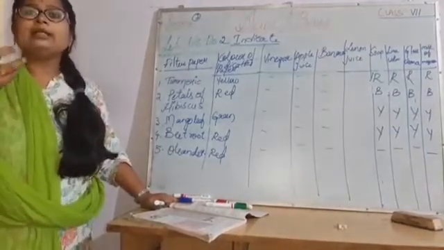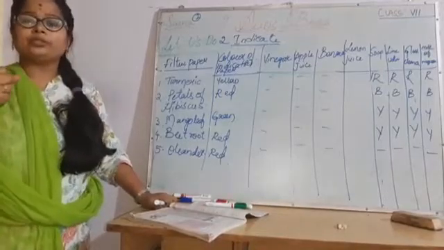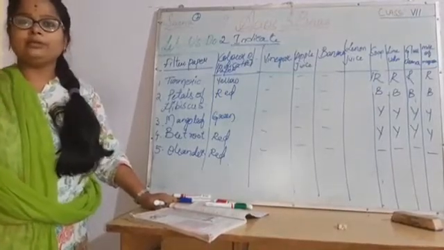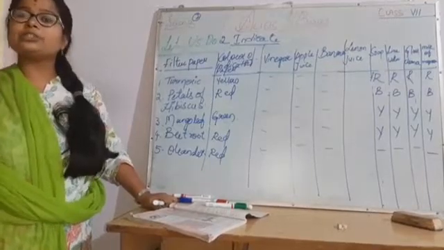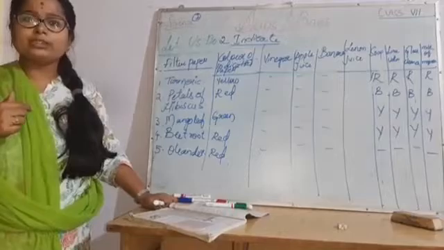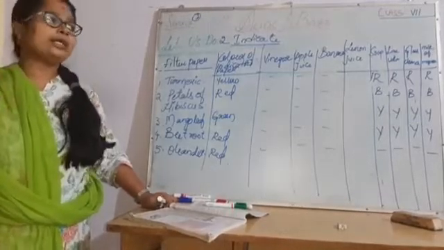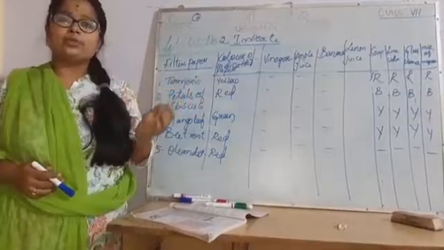Also, traffic signals, red, green, yellow, indicate to stop, to move, to get ready. We know it. So there is an indicator in science also, which shows something.